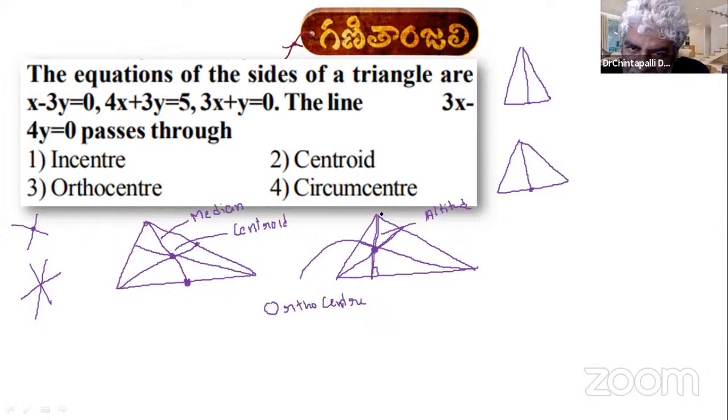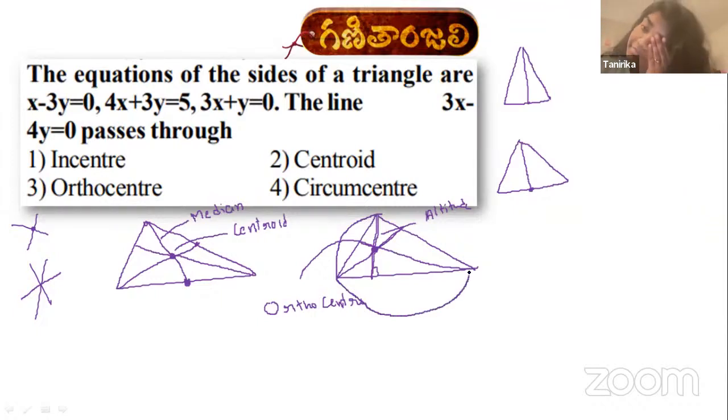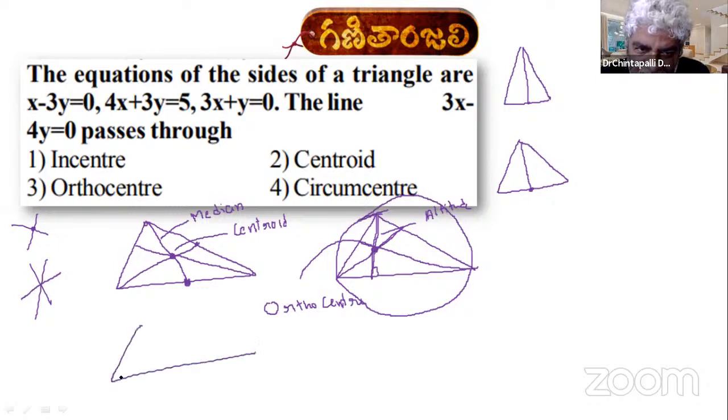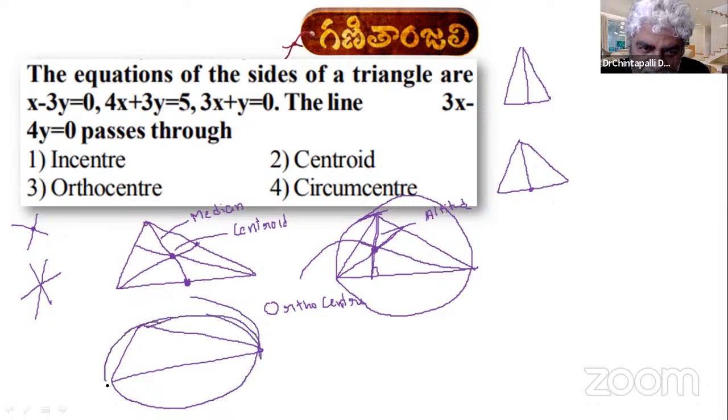If we draw a circle passing through the three vertices, this circle is called the circumcircle. The center of the circumcircle is called the circumcenter.